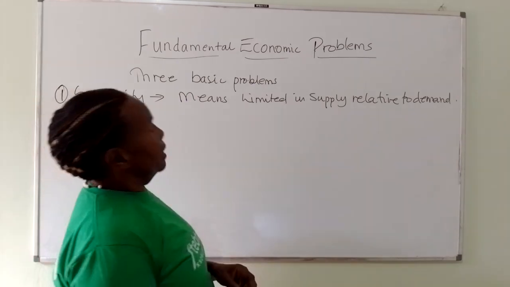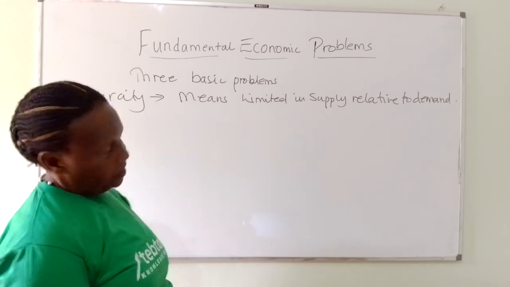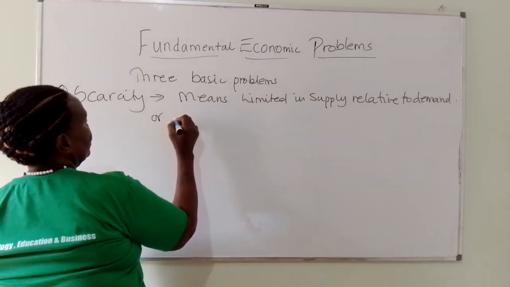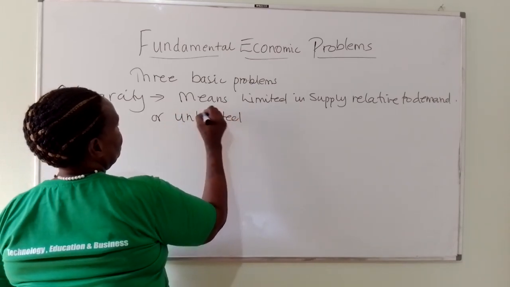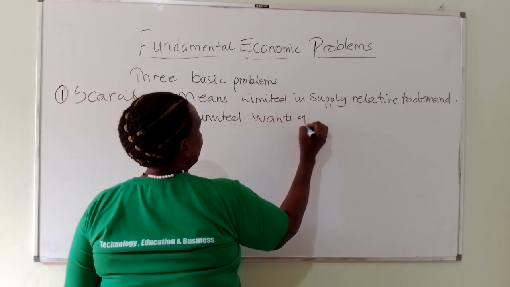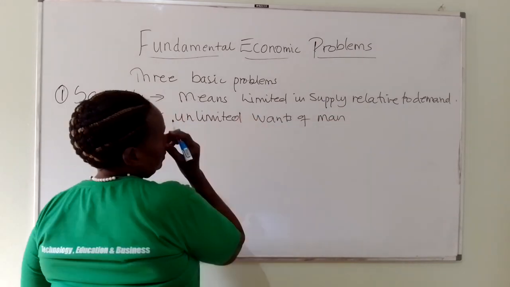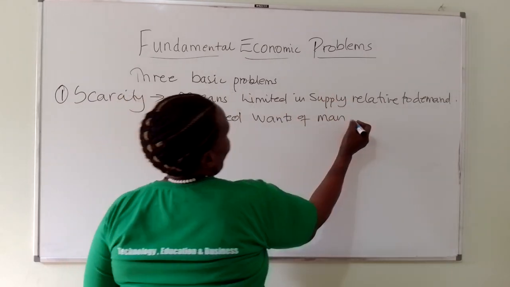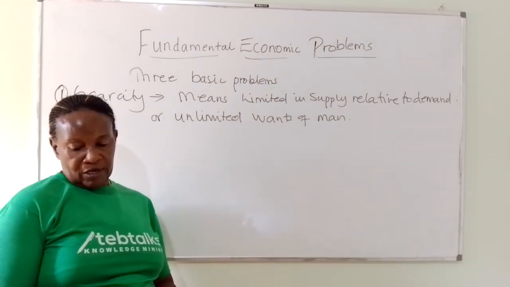We have limited supply of each and everything relative to the demand for it, and the demand is what we call the unlimited wants of man. So, limited in supply, relative to demand or unlimited wants of man.